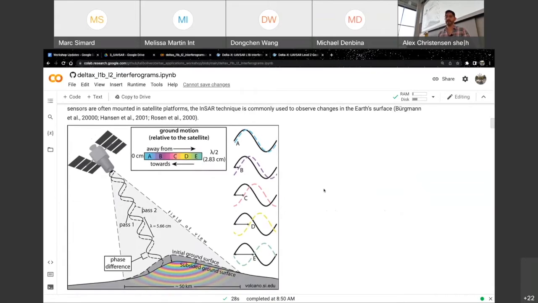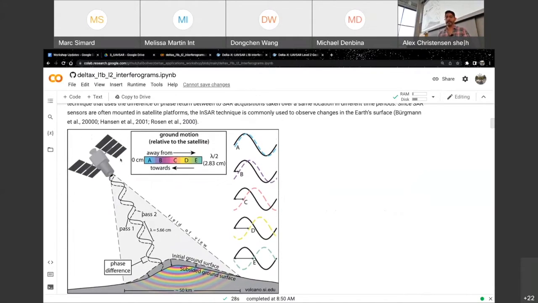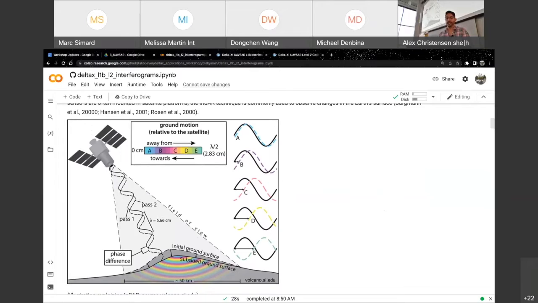Just to reiterate, we have 2 passes of the sensor, and we take the difference of the phase between those 2 passes to be able to determine the little shift in the phase and see how much the surface was changing, as this figure shows. For example, this figure shows a drawing of a possible volcano or a mountain, right? That changes downwards. So that is the change that in this figure is being quantified.